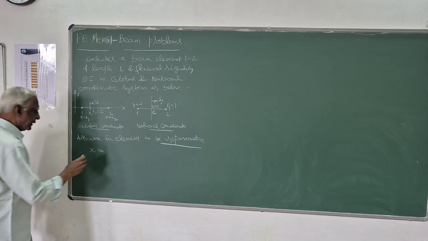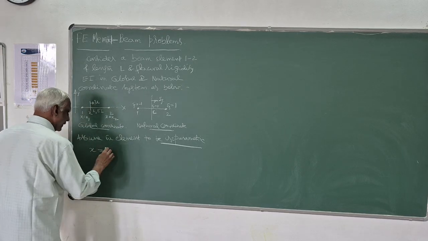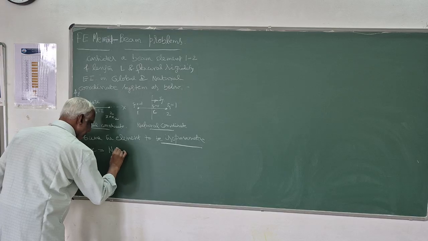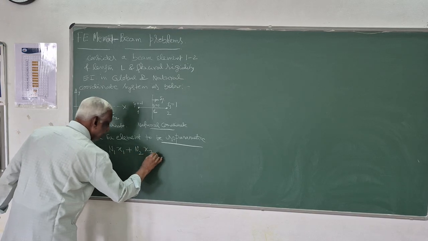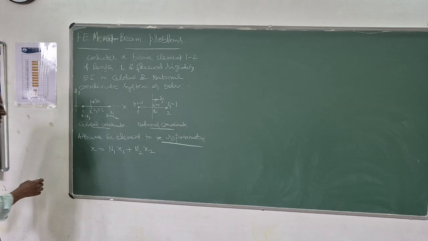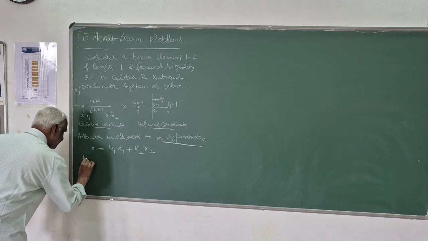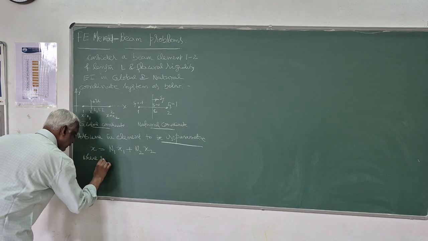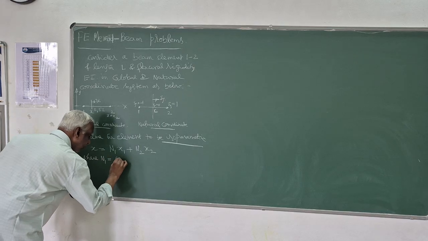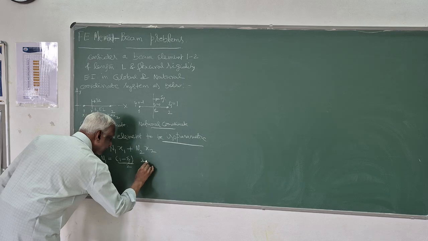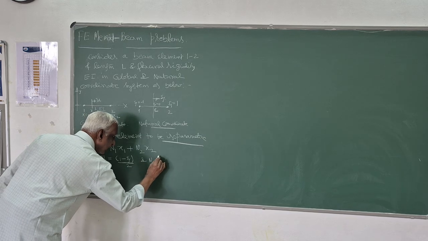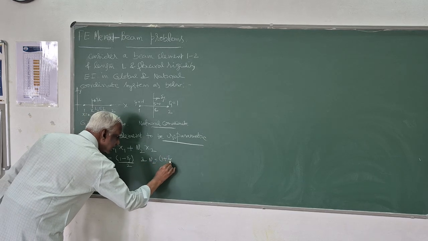If we take the element as isoparametric, then the global coordinate at any point is given by n1 x1 plus n2 x2. Here n1 is equal to 1 minus psi by 2 and n2 is 1 plus psi by 2.